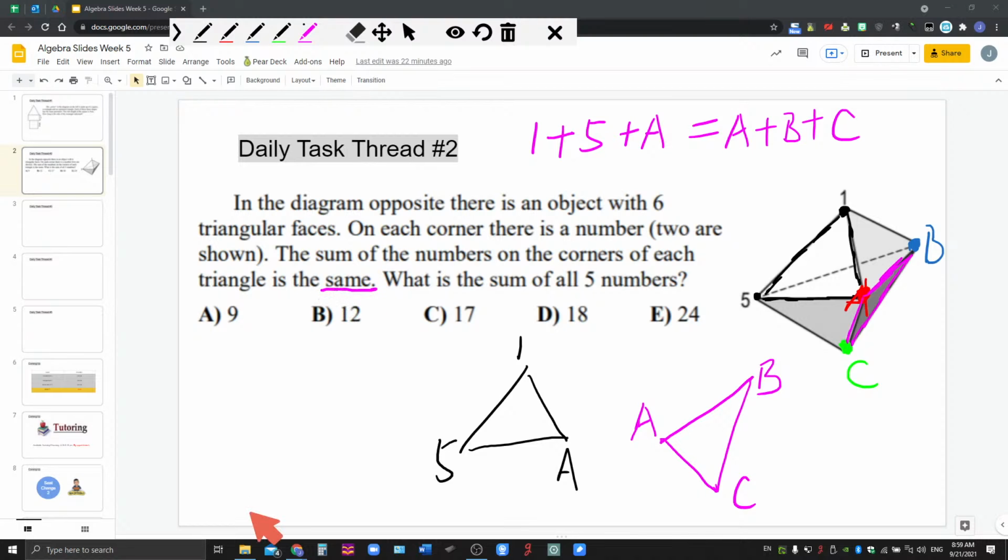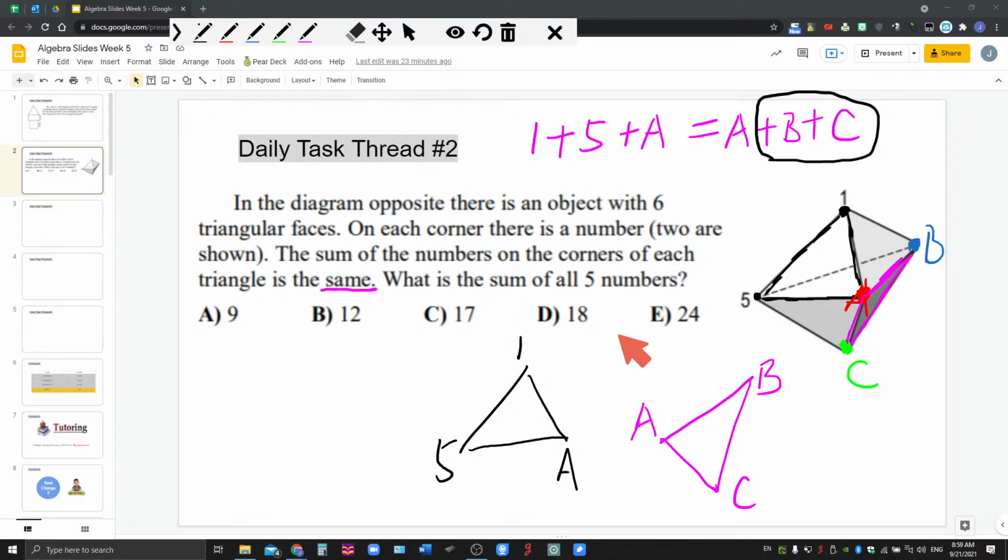Now, we don't know A, B, or C, and we don't try different numbers. But let me ask you, what will be the sum of B plus C?